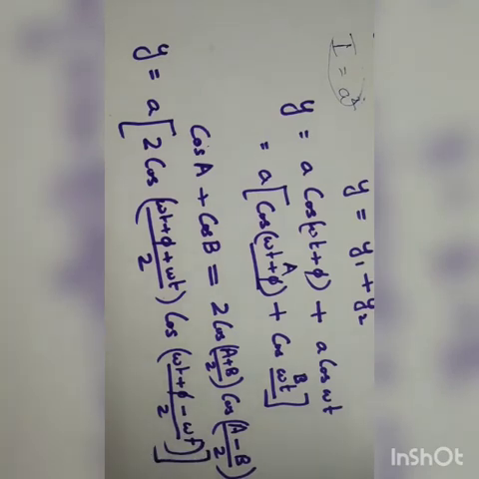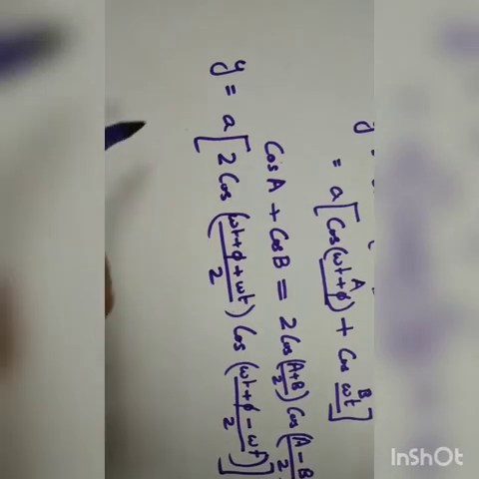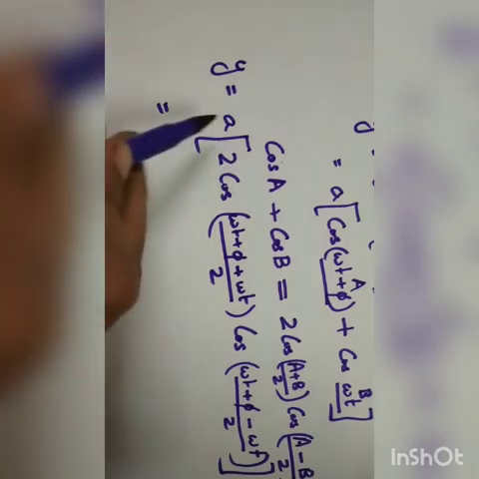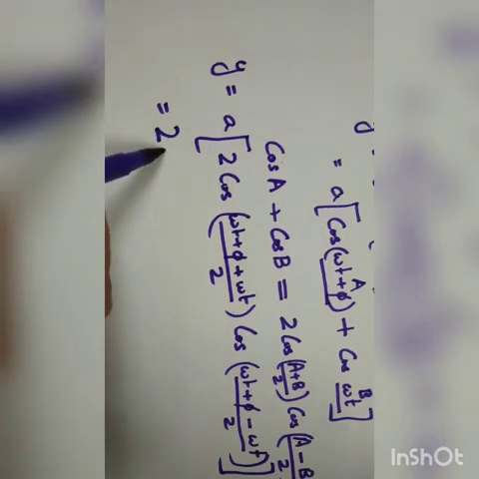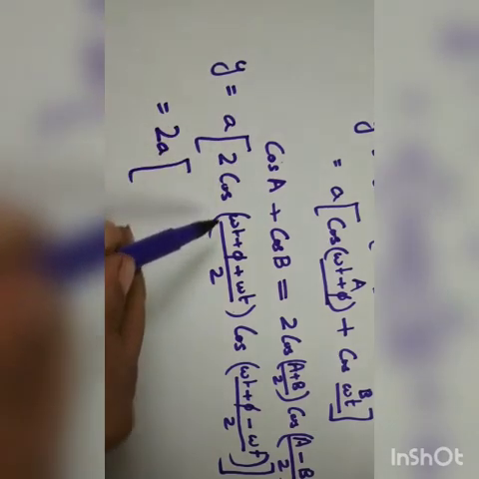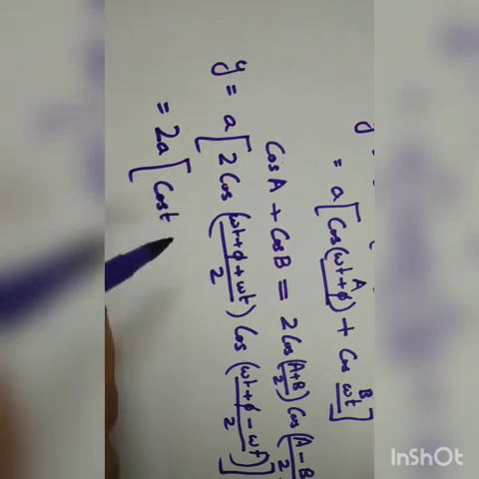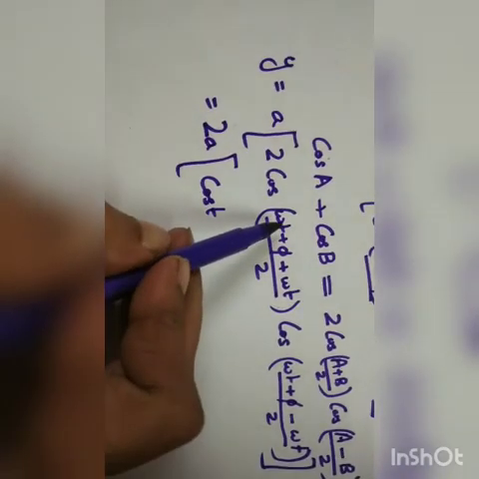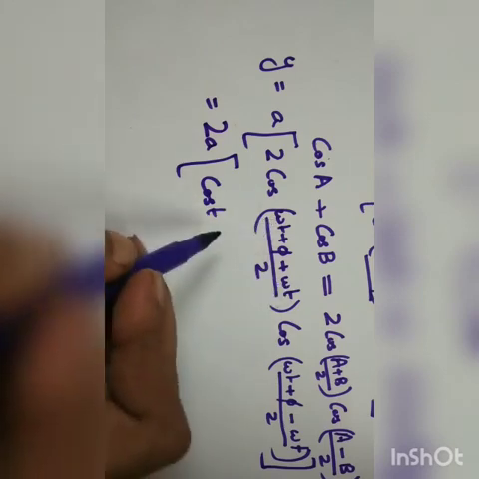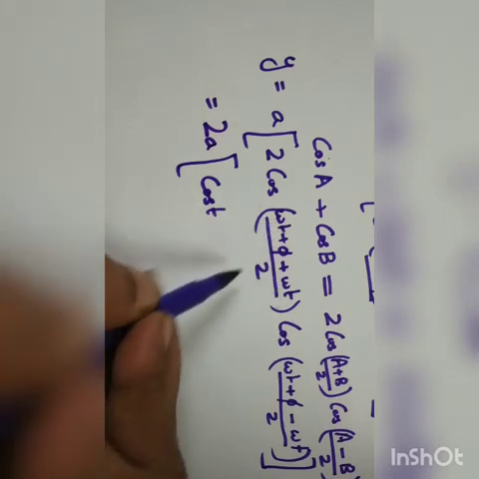Okay. Let us simplify. Let us take 2 also outside the bracket. 2a cos, what will remain? Omega t plus omega t, 2 omega t, and that 2 will also cancel.